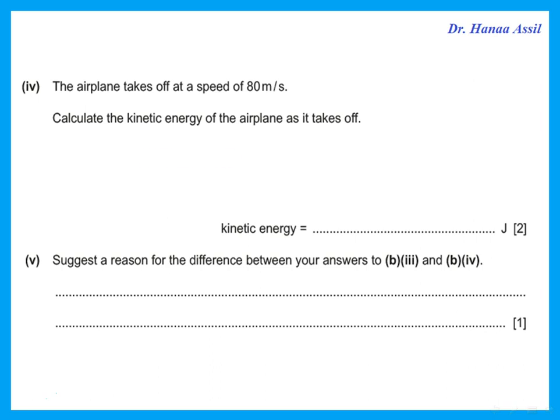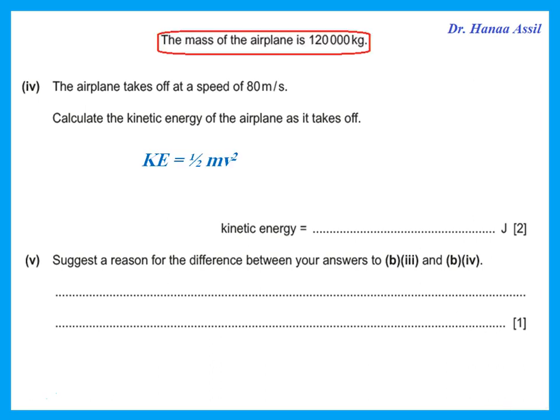What is the equation for kinetic energy? Half mv squared, or half times the mass, and he already gives me the mass previously, times the speed to the power 2, and he says the speed is 80. So multiply all of these together, it gives you the kinetic energy in joules.